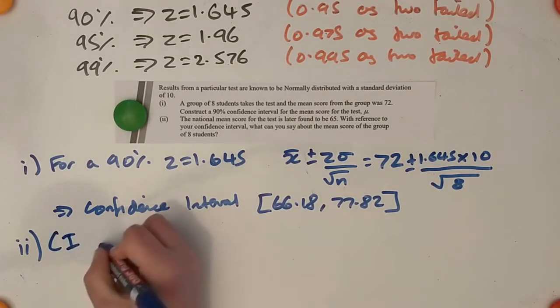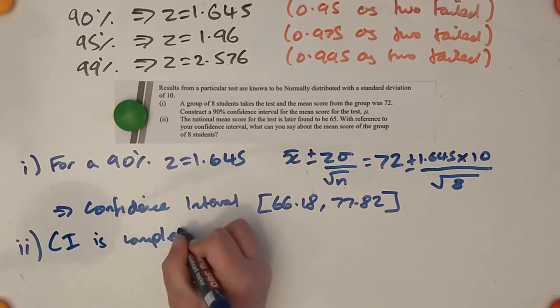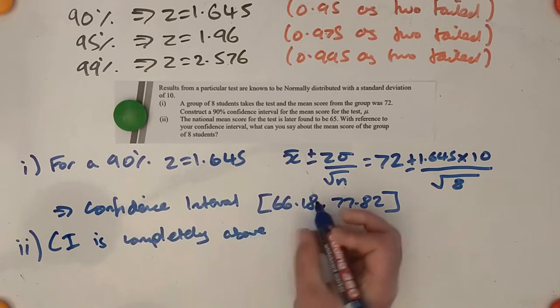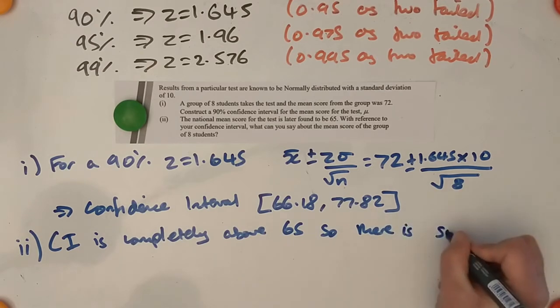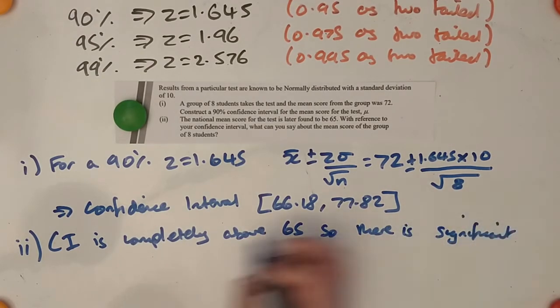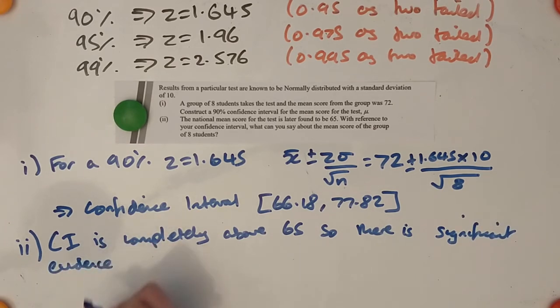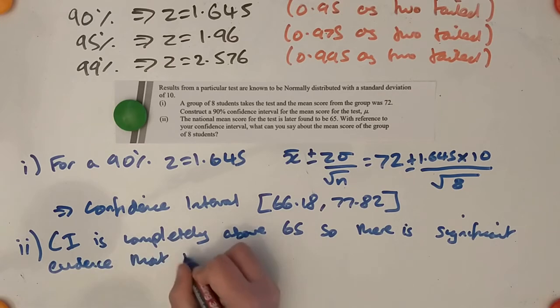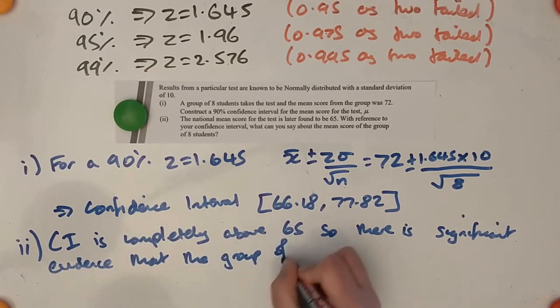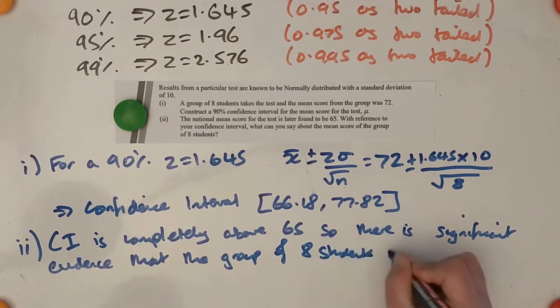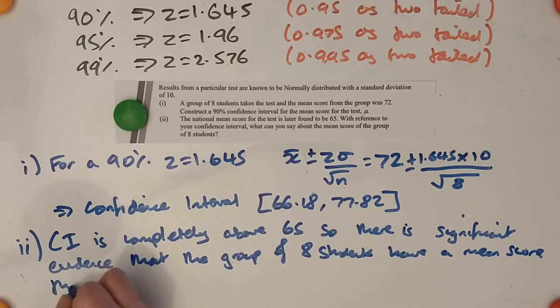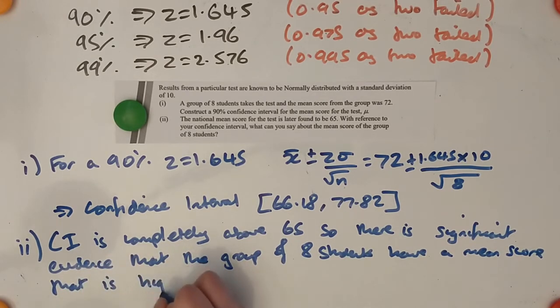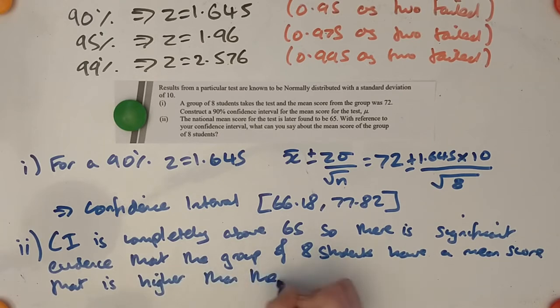So, the confidence interval is completely above 65, so there is significant evidence that the group of 8 students have a mean score higher than the national mean score.